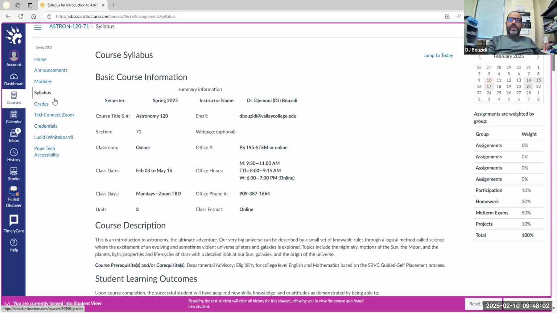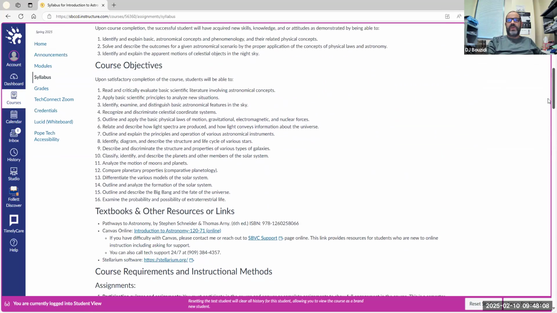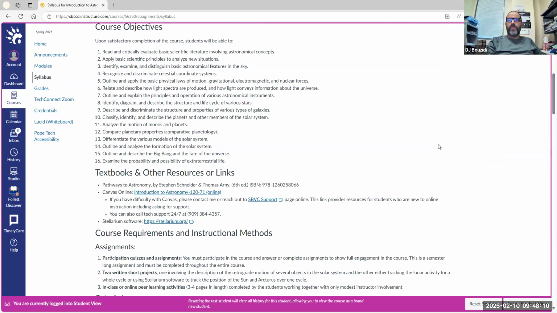So this is in general. Hopefully, you guys have that. The rest of the stuff related to the class is just typical syllabi. One of the things that I ask you guys to do, if you can, is install this software, which really simulates a lot of the things that we do in the course.